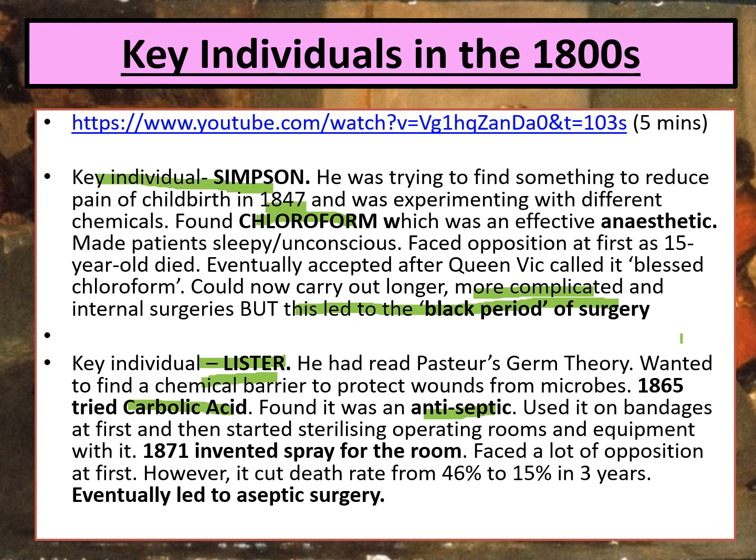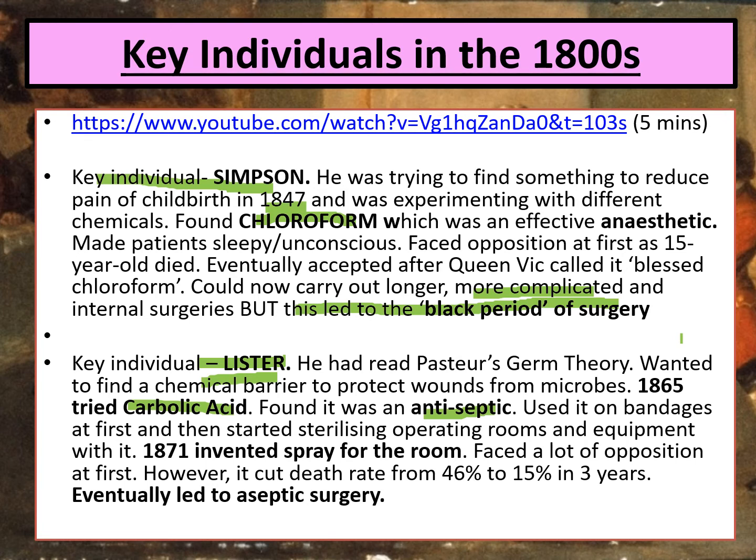Jamie Greenlees had a damaged leg, and Lister decides to use his carbolic acid. He soaks the wound in it, he soaks the bandages that he uses in it, and he applies it, and this little boy heals. So he then realises this is a really important thing to try and stop wounds going bad and stop infections. So he started using it on bandages.